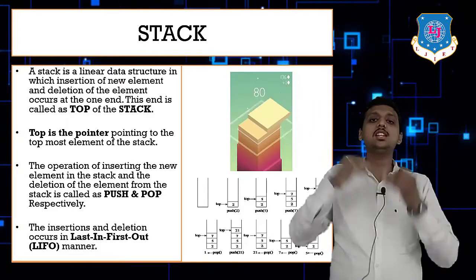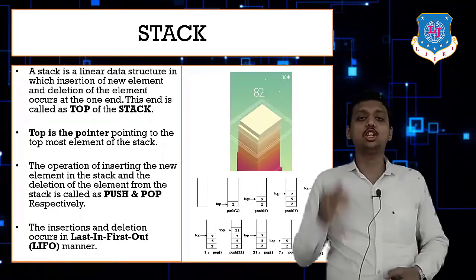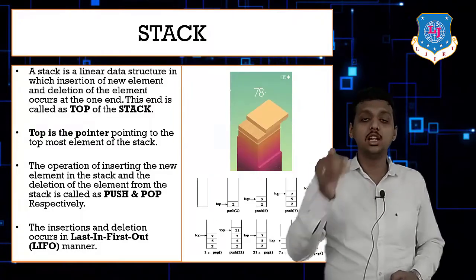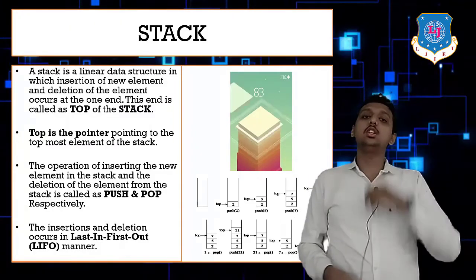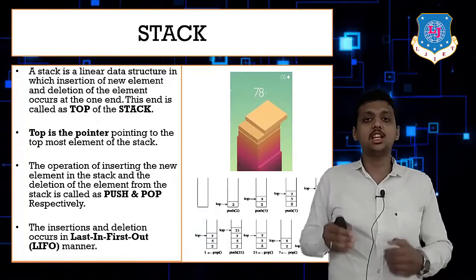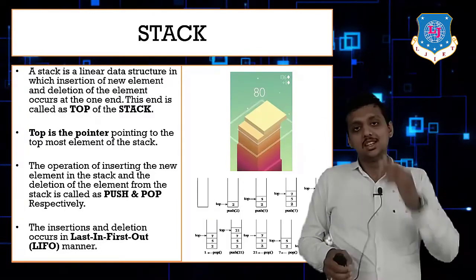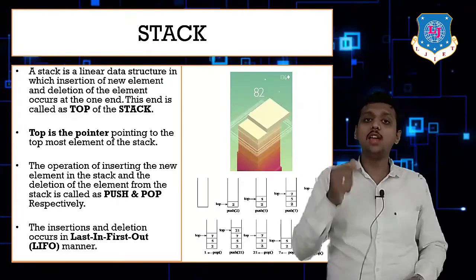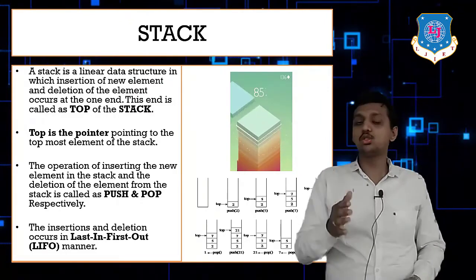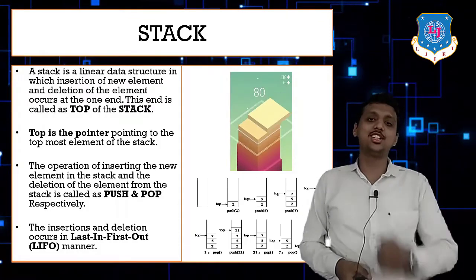Whenever you insert some element in the stack, the top pointer increases. That operation is known as push. And when you delete something from the stack, the top pointer decreases. That operation is known as pop. Why are we using push and pop? Push for insertion and pop for deletion.